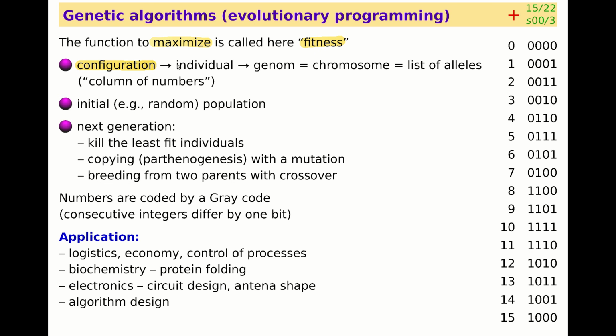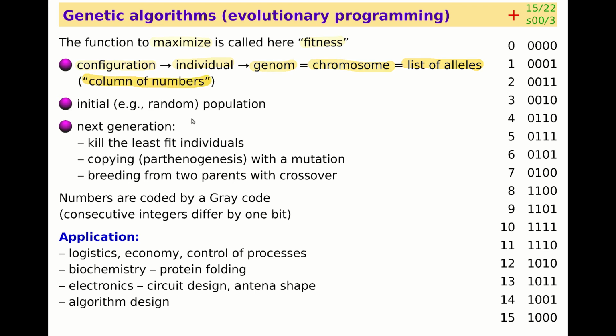Here we can call it an individual, an organism, or perhaps its genome, which is essentially in biology a chromosome. And a chromosome is a list of alleles, that is like a list of certain properties of this organism that affect its fitness. For us, it is a column of numbers.